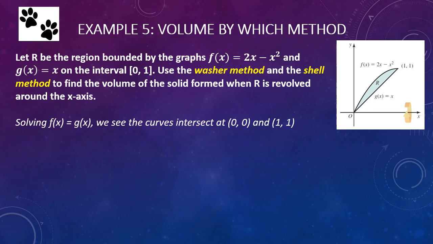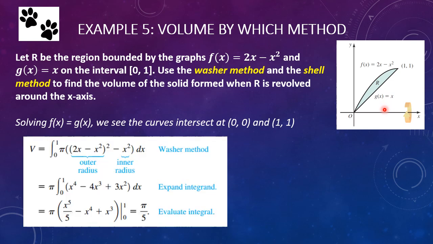So if we use the washer method, notice that the radius is going to be the outer function, which is f of x, minus the inner function. So it's pi times the quantity f of x minus g of x, which would be the radius squared, dx.